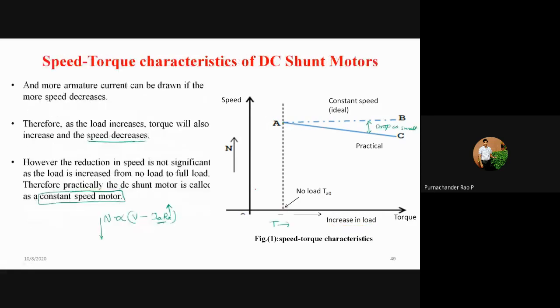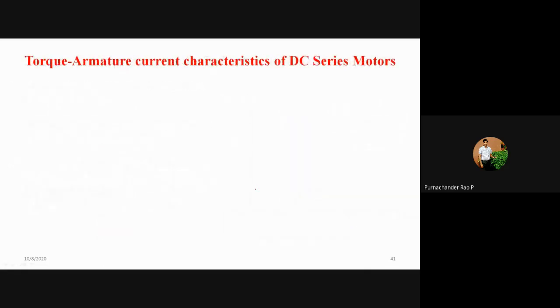Now we will discuss the torque and armature current characteristics of a series motor. First of all, we need to write the equation for the series motor.